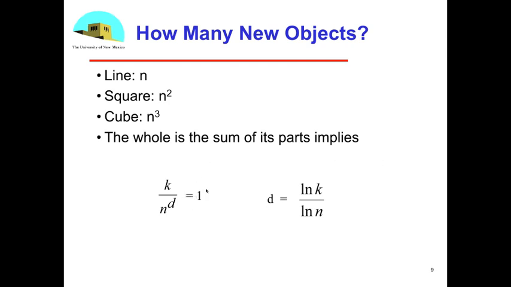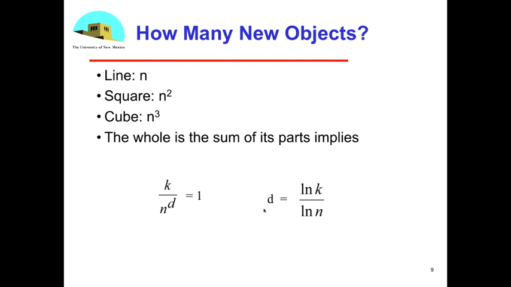So by scaling by that factor, I got n to the d objects, where d is the dimension, and that gave me the whole. If I take the log of both sides, I can solve for the dimension: how many objects I get, divided by the log of the scale factor. The scale factor is 1 over n, but that gives me the negative of the log.